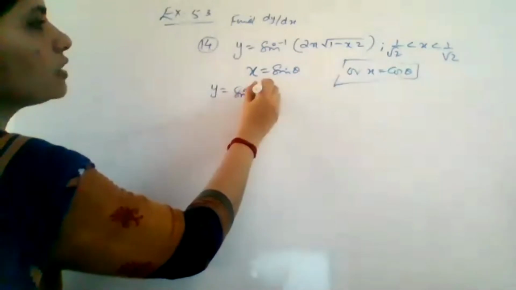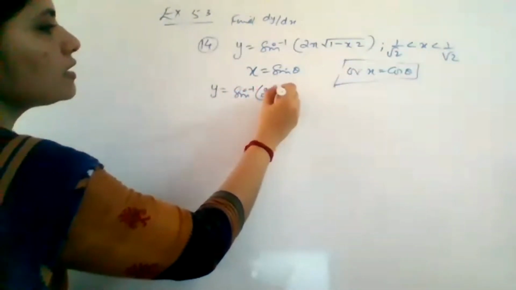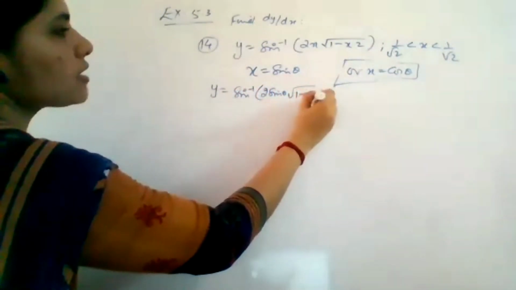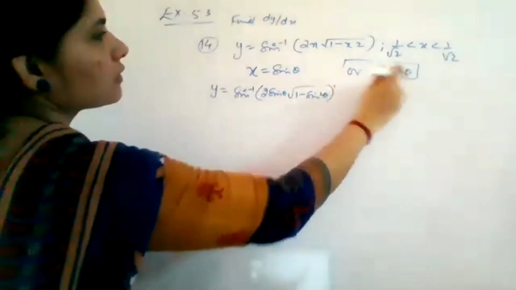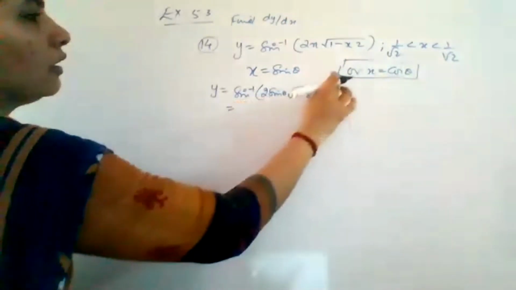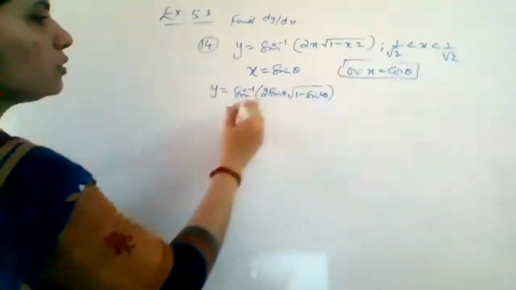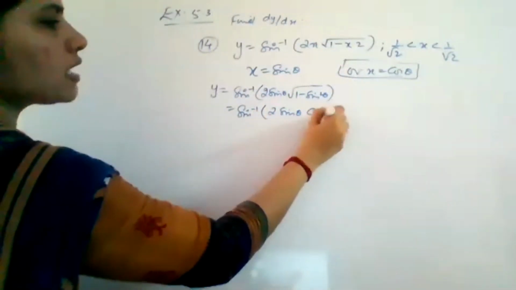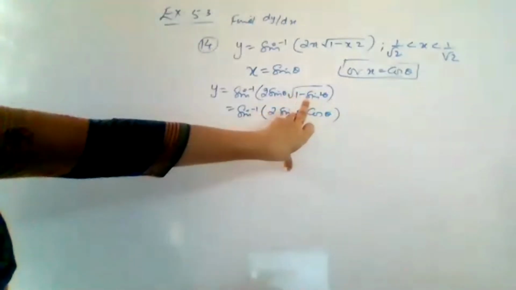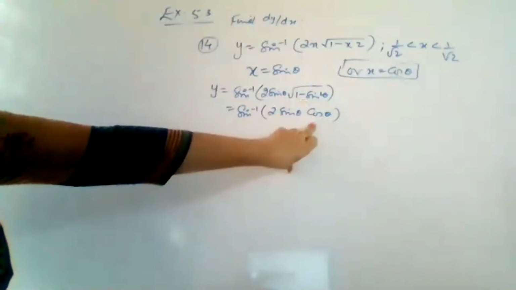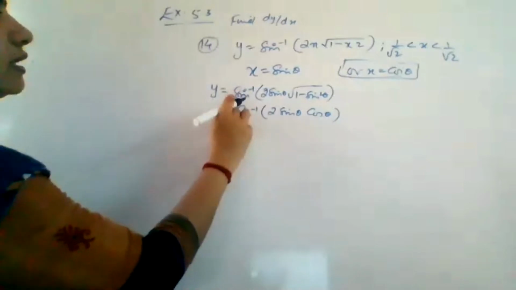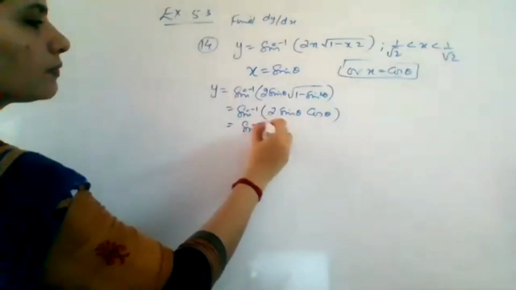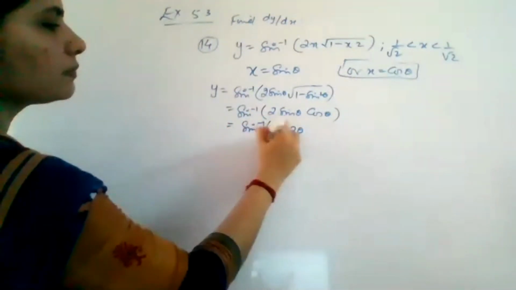So this is sine inverse of 2 sine theta into root of 1 minus sine square theta. This will give you sine inverse of 2 sine theta cos theta. What is 1 minus sine square theta? Cos square theta. Root of cos square theta will give you cos theta. And 2 sine theta cos theta is sine 2 theta.